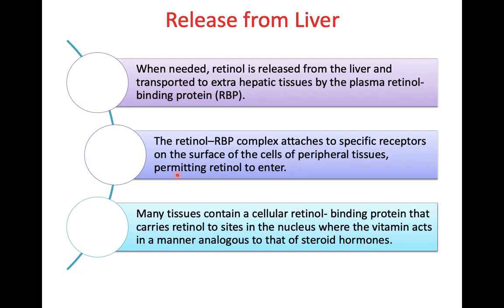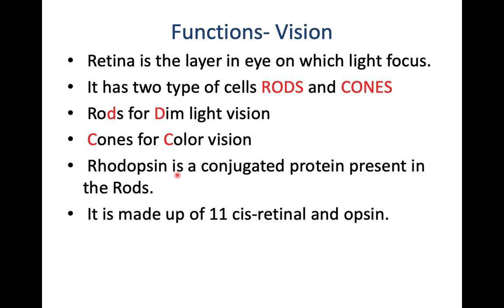So coming to the biochemical role of vitamin A. The main role of vitamin A is in vision. So how does it help in vision function or the visual cycle? Retina is the layer in the eye on which light falls and then we are able to see any particular thing.